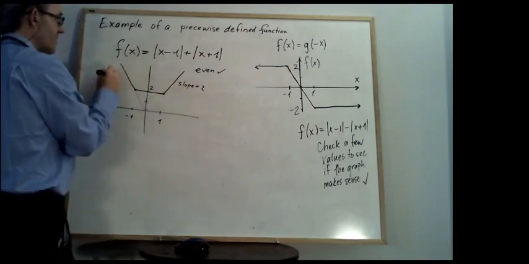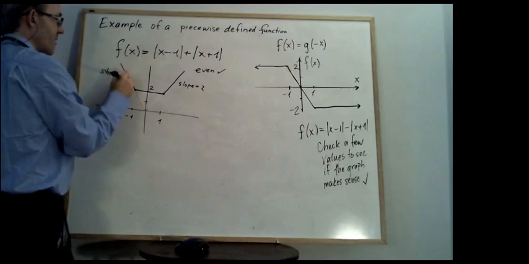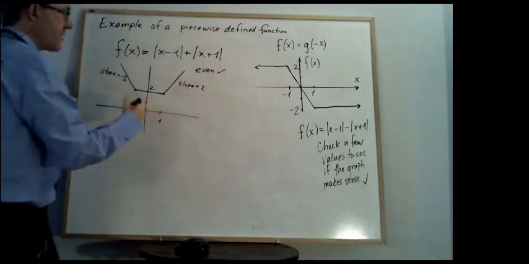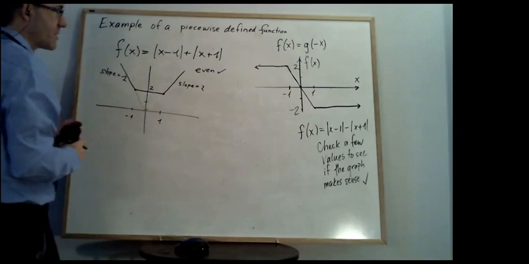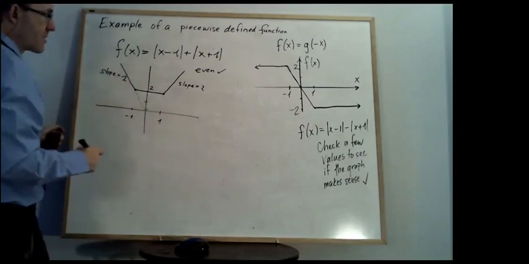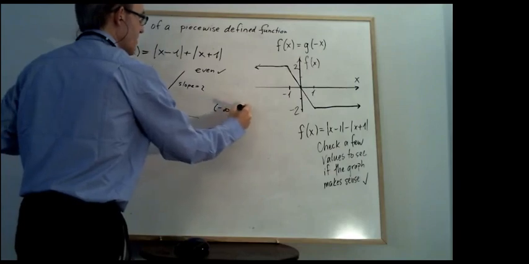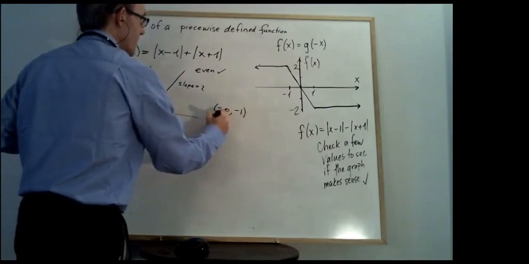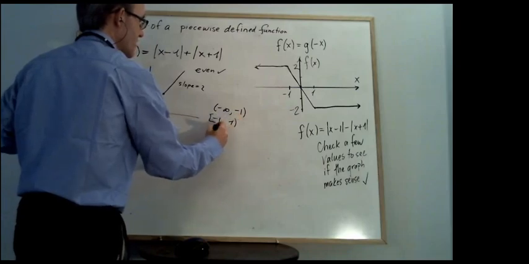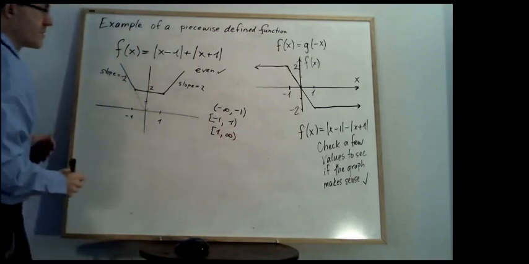Slope is minus 2. So you can verify by using the case by case, the 3 cases on the 3 intervals. Minus infinity to minus 1, minus 1 inclusive to plus 1 not inclusive, and then plus 1 inclusive to infinity.